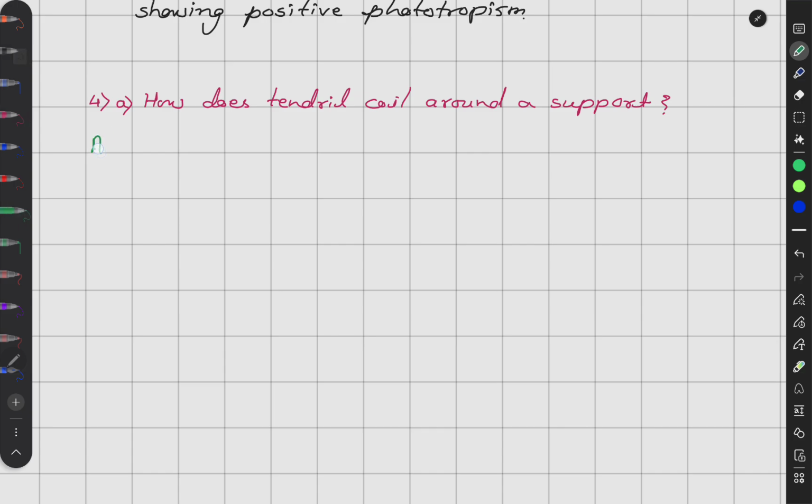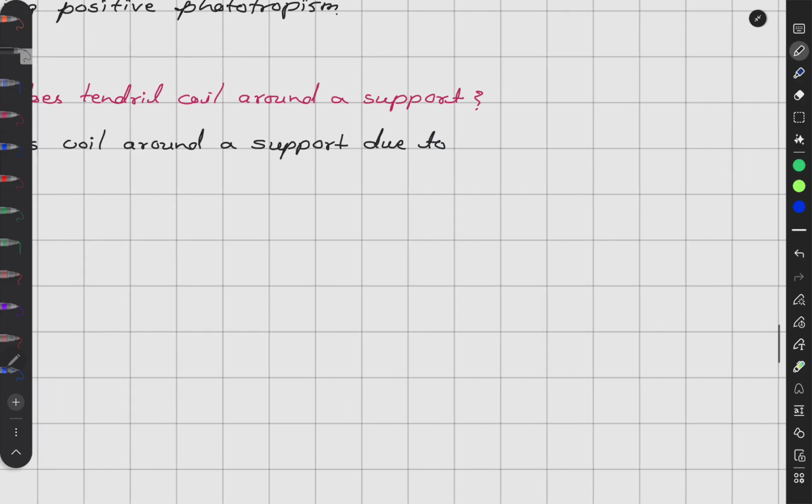And the answer is: tendrils coil around a support due to thigmotropism.